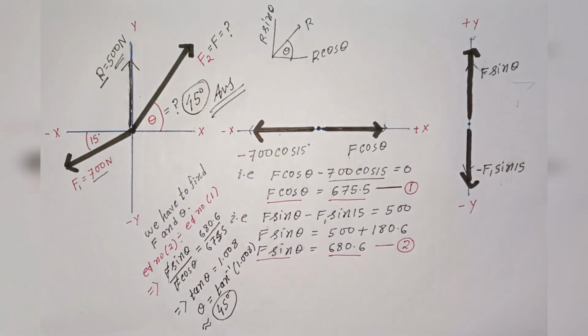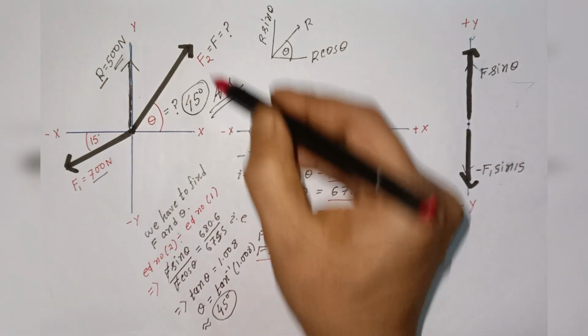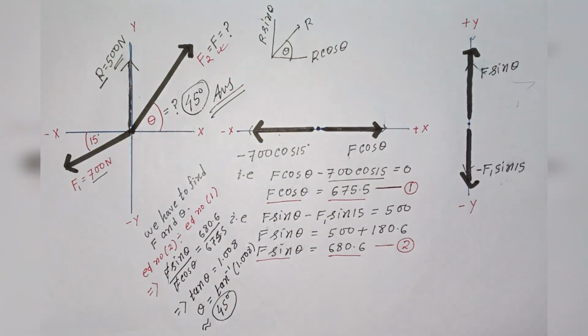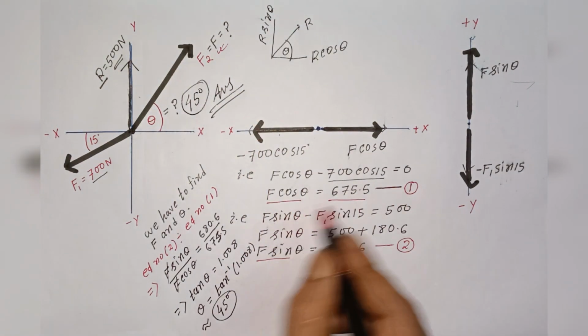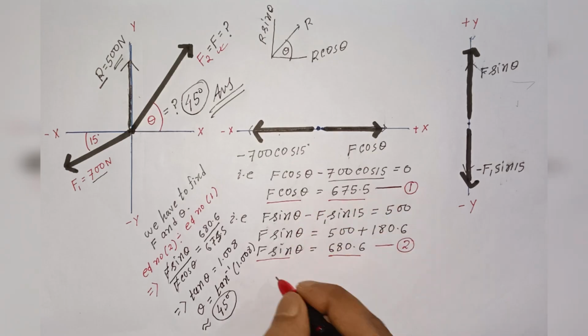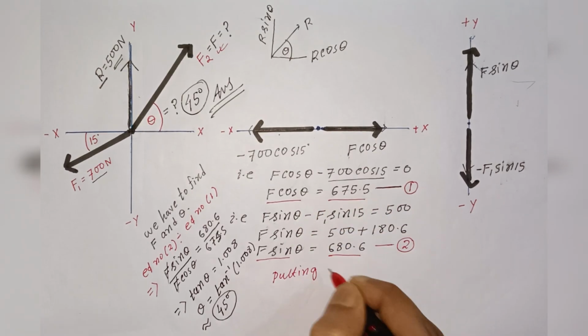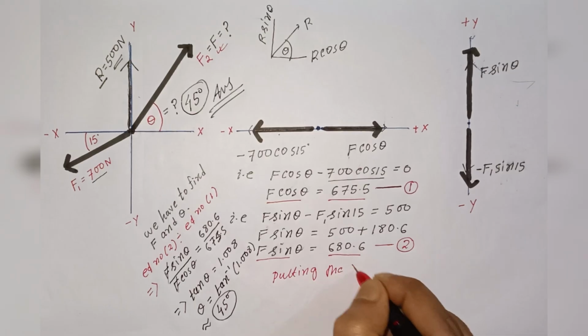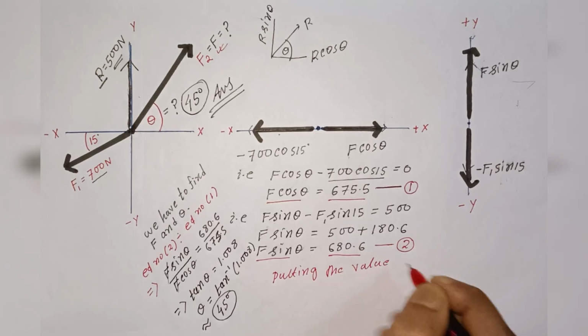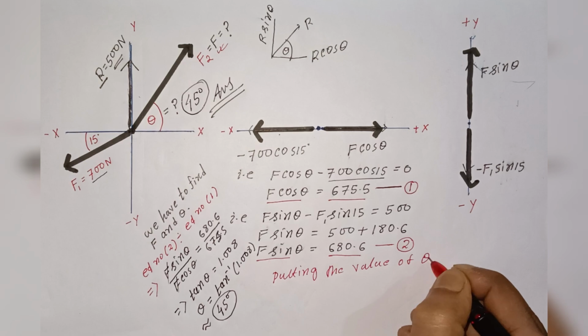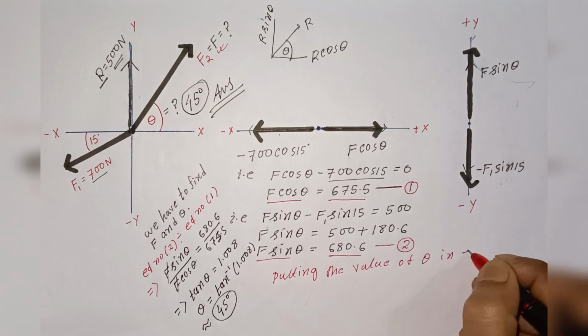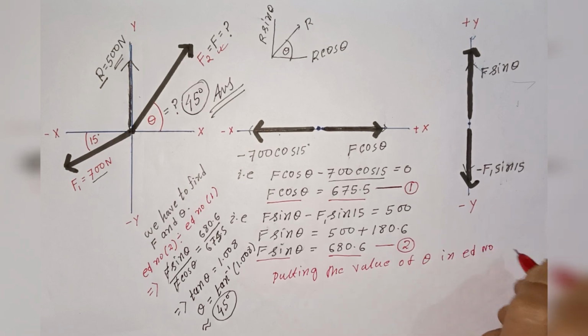Now we have to find the F vector, which is unknown. Put the value of theta in equation number 1, nothing else.